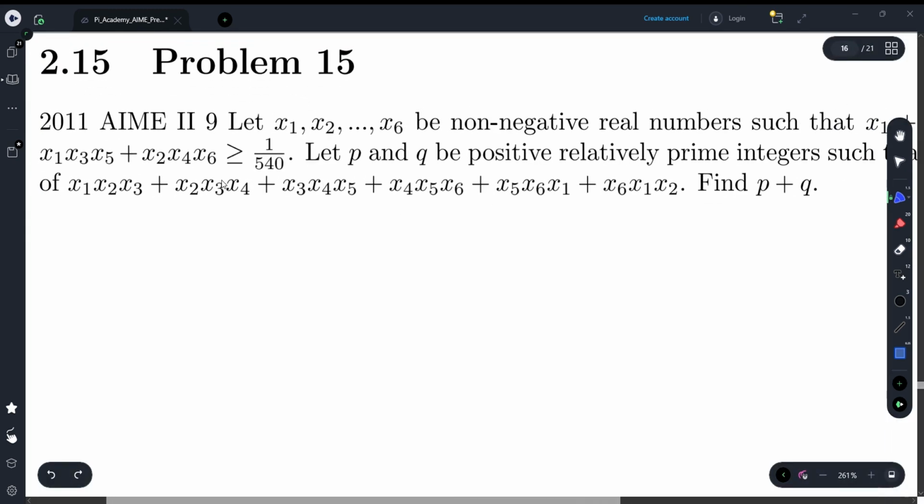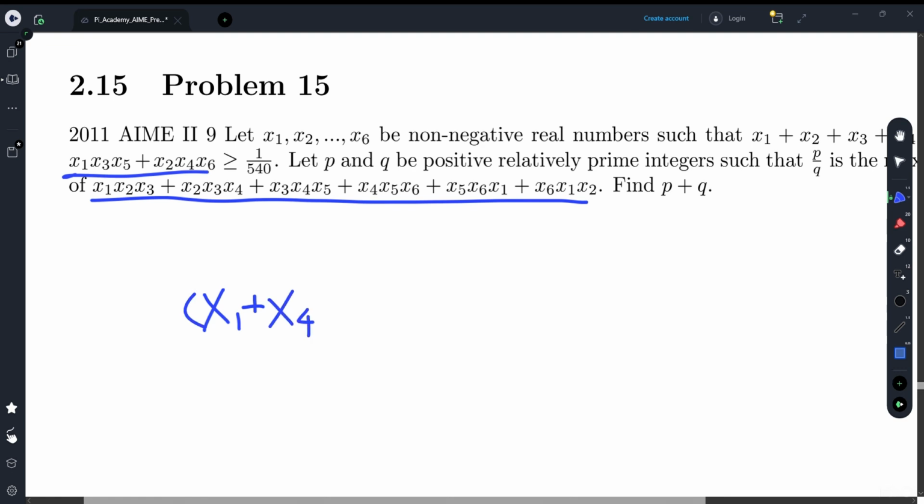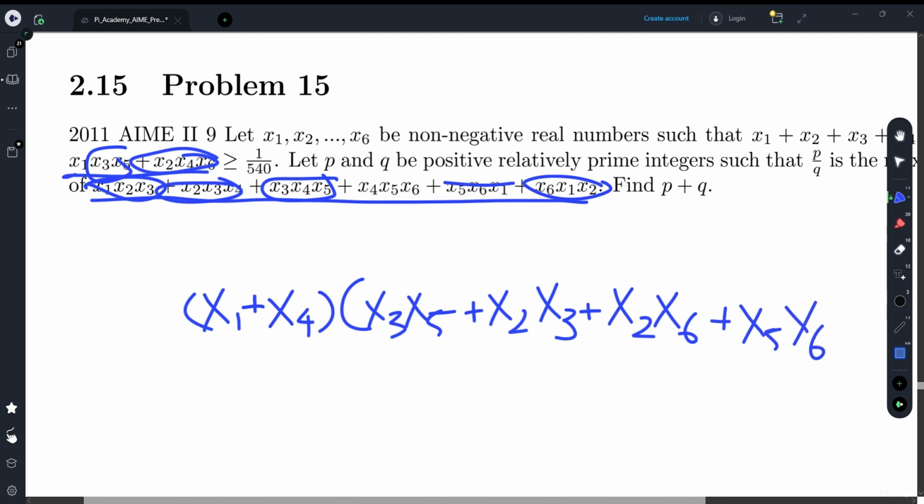Straight off the bat, we don't really notice anything particular about this sum, but we do notice that if we add these two together, we might be able to factor it. So we add them together, and we get x1, x4, x3, x5, x2, x3, x2, x6, and x5, x6, which is right here.